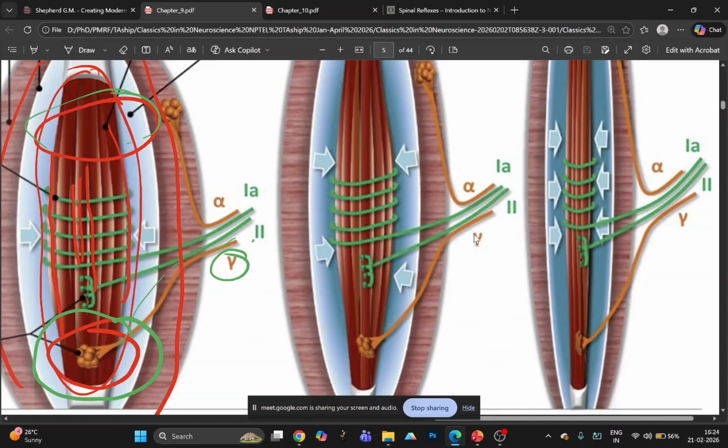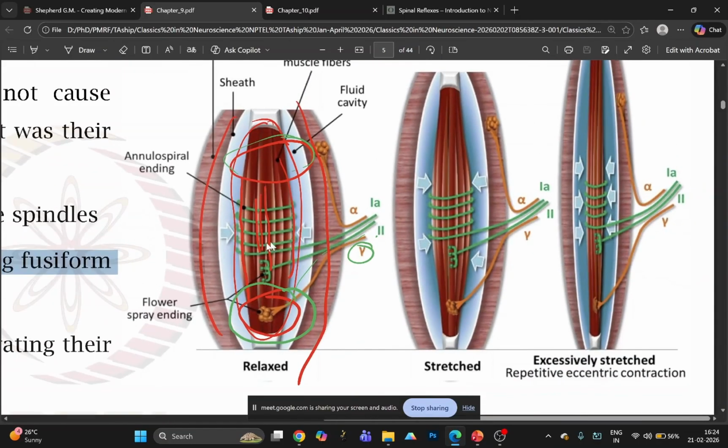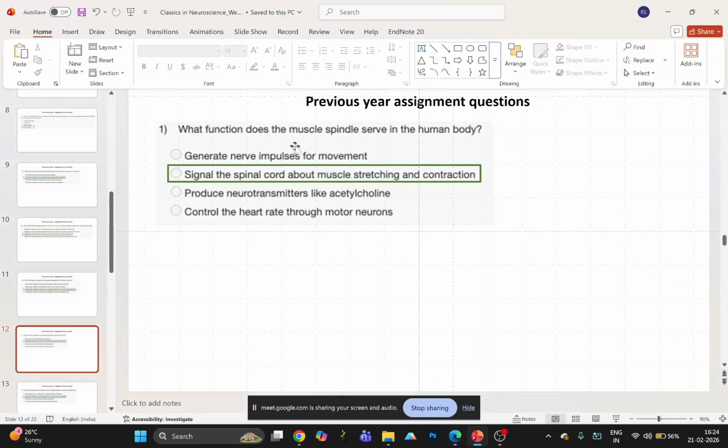So the alpha and the gamma motor neurons are efferent neurons because they go away from the spinal cord to the muscles or the sense organs. Now keeping this in mind, what function does the muscle spindle serve in the human body?